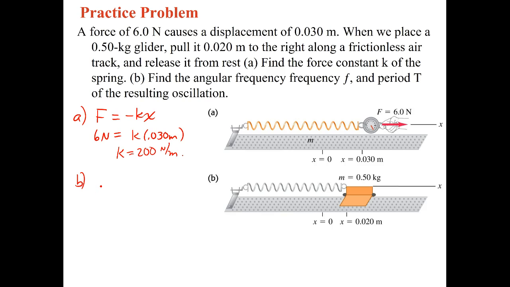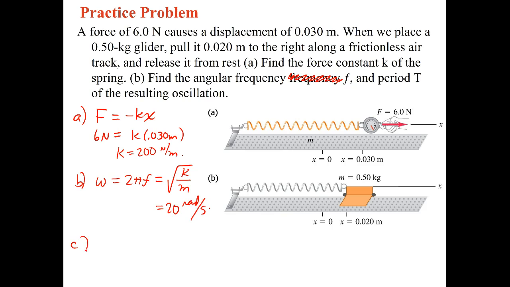Okay, the angular frequency, that's one of those things where unless you look at it close, you don't even notice it's there twice. So angular frequency omega is equal to 2 pi f, but it's also equal to square root of k over m. So we know that m is 0.5 and k is 200. So 200 divided by 0.5 is 400, and the square root of that is 20.